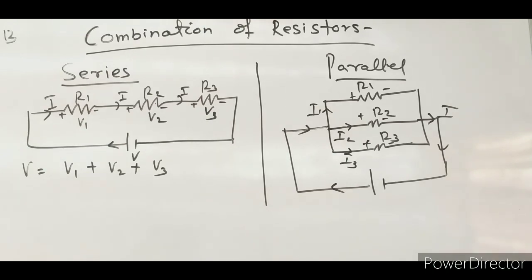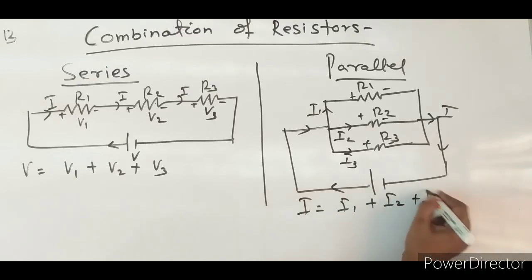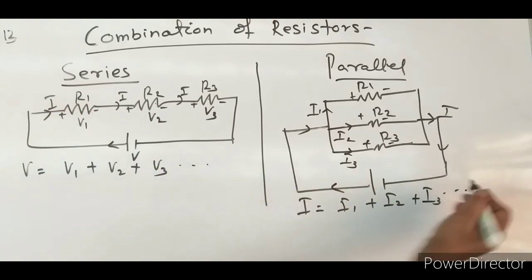But in case of parallel combination, I equal to I1 plus I2 plus I3 and so on. If more resistors are there, it will change accordingly. Clear?